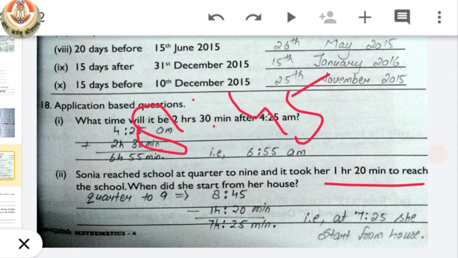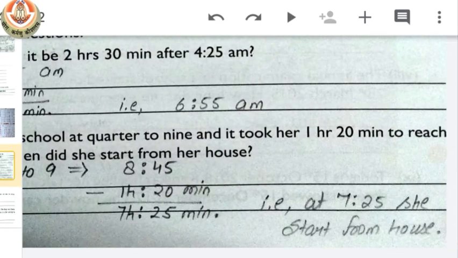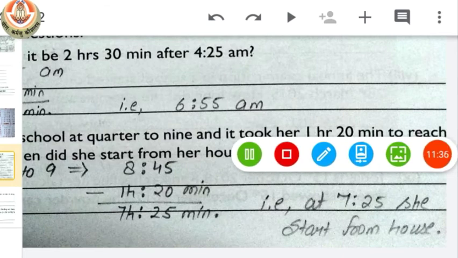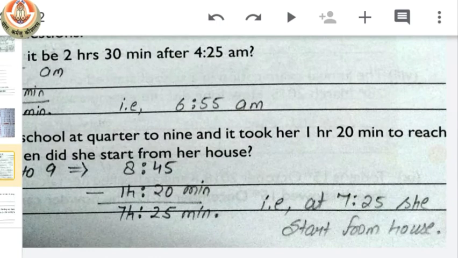So we have to answer when she started from her home towards school. So what we have to do is subtract 1 hour 20 minutes from 8:45. When we subtract 20 minutes from 45, we get 25 minutes, and 1 hour from 8 a.m. gives 7. That means she started at 7:25 from her house towards her school.